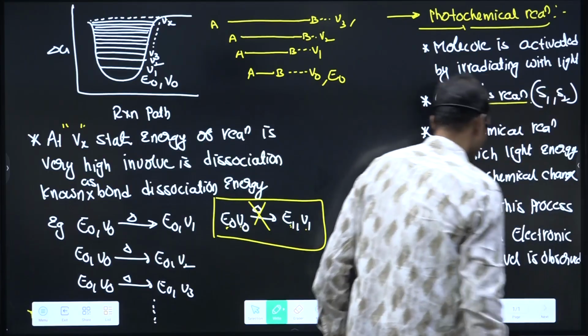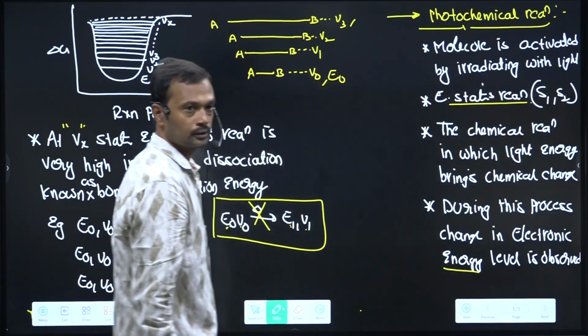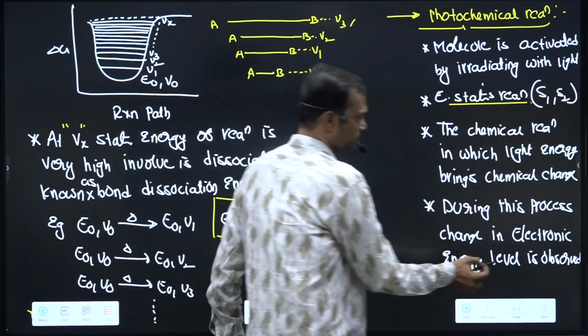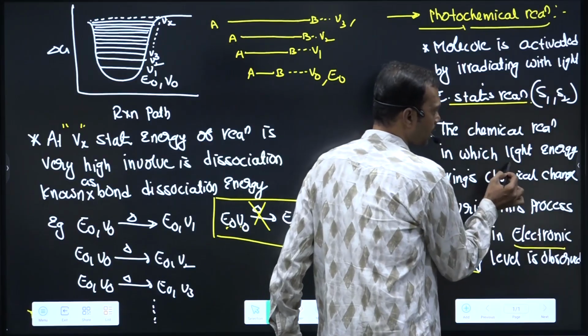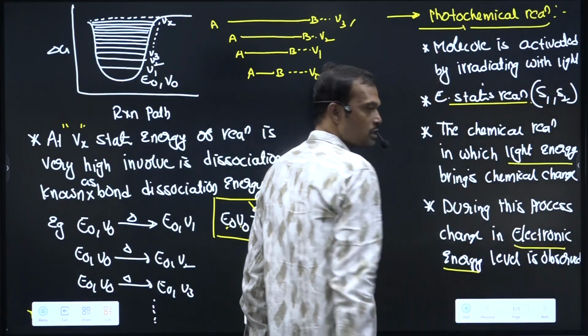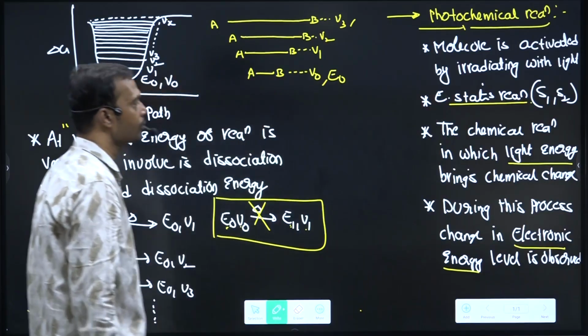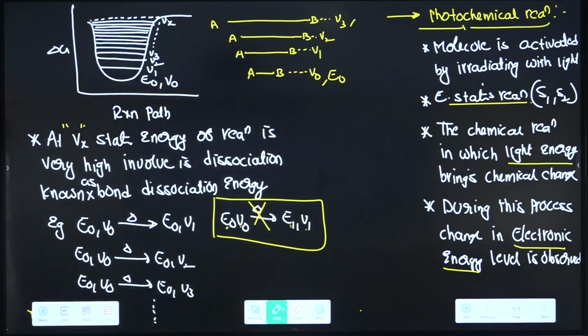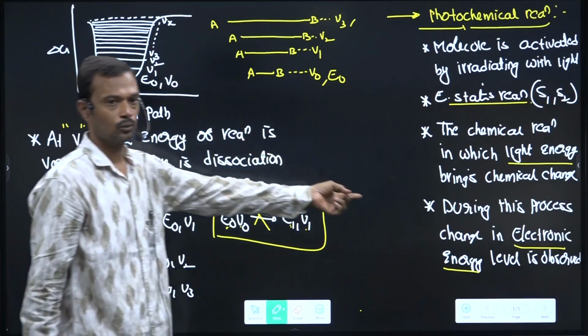So chemical change is observed by irradiating with light. Here the electronic energy level changes. The points are the same, but this is the ground state and this is the excited state.